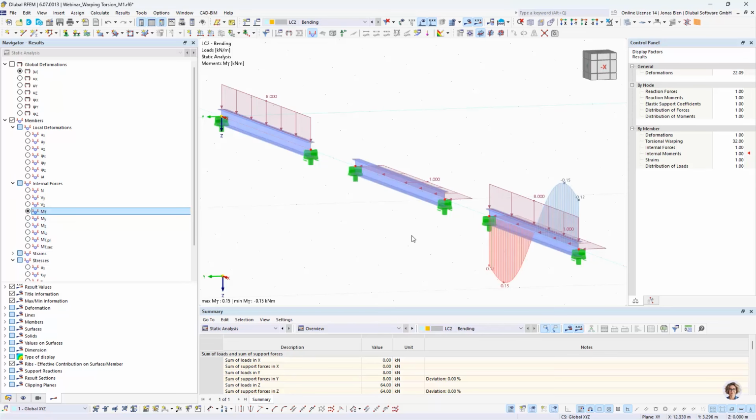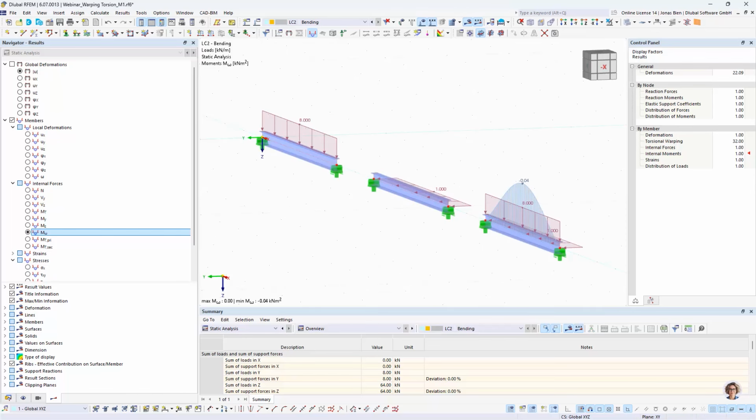But now we actually also have a torsional moment, and because we don't have a uniform or a constant torsional load along the beam, we should also have a share in secondary torsional moment, and this would give us also some warping moment over the member length.